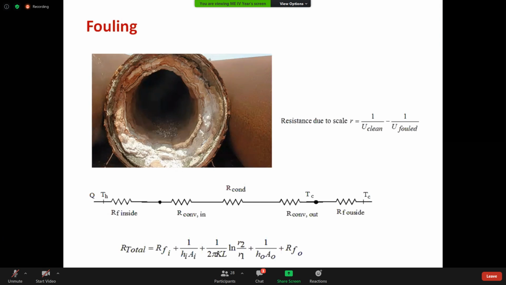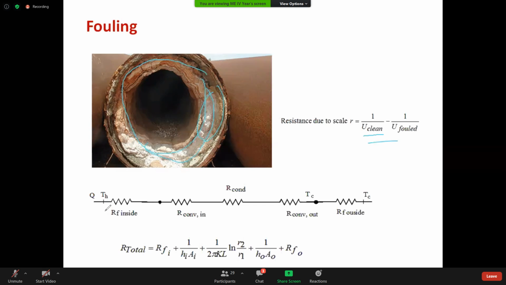What is fouling? That means whenever the heat exchanger is dusty or unclean, or rust formation is there, it is corroded, let us say. See, this is the heat exchanger. If this kind of thing is there, that resistance also needs to be used.